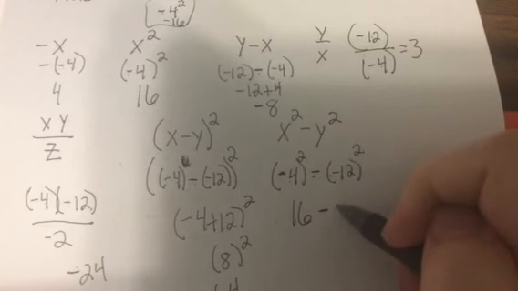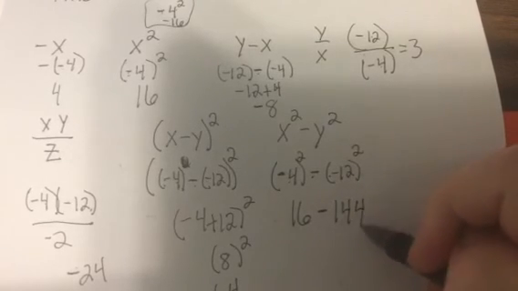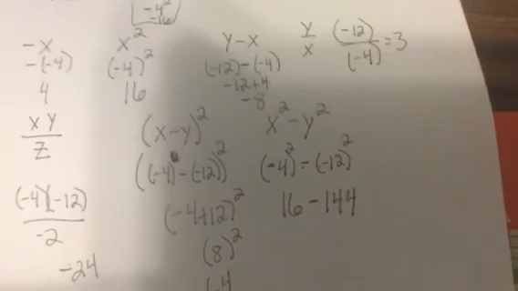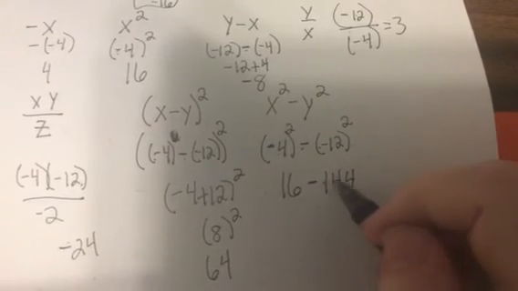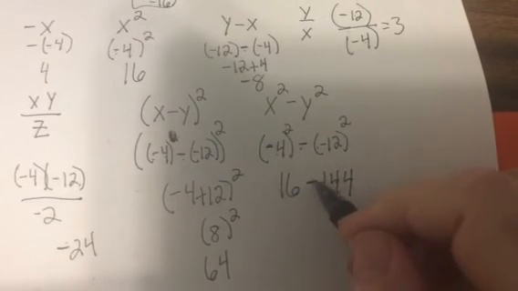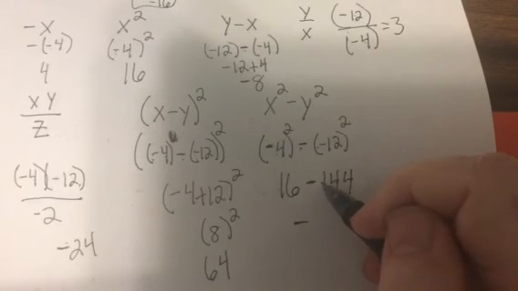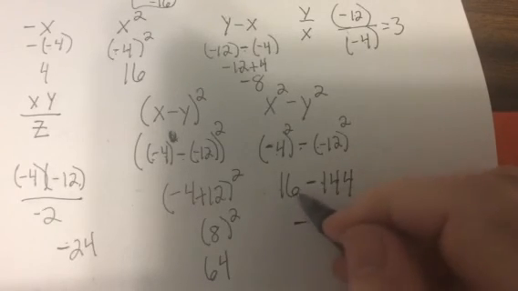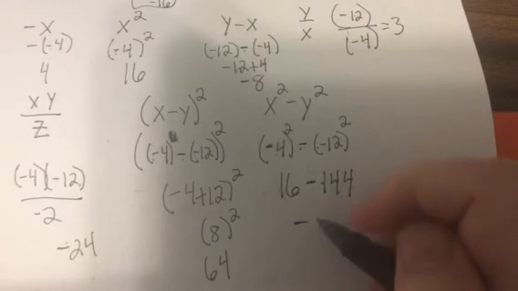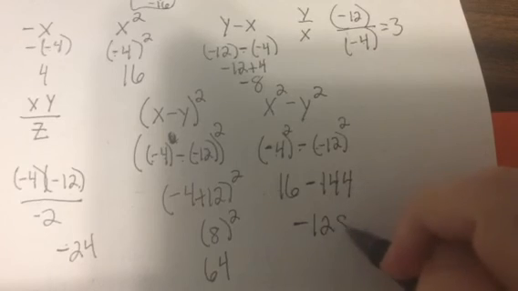Minus, this would be 144. 12 squared. 12 times 12 is 144. Now 144 is bigger, and it's got the minus, so then the answer's minus. You still owe, so you owe a lot there. And take 144 minus 16 to see how much you owe would be 128.